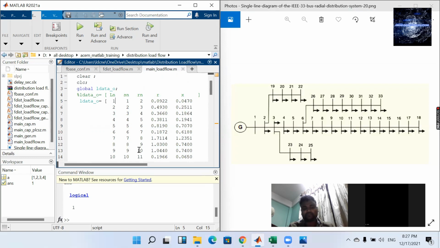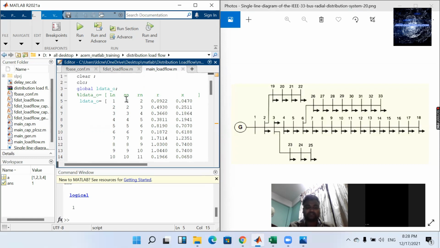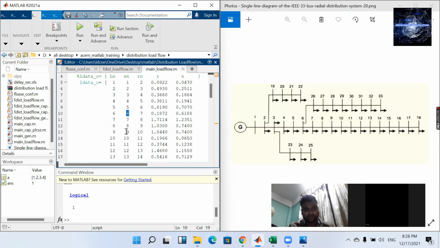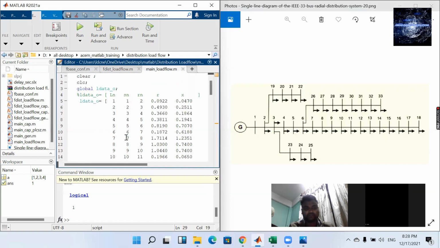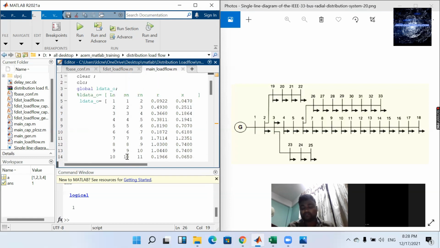But in the sending end node there can be repetition. Here we can see 6, and also here is 6, so 6 is repeated. Likewise, 2 and 3 are also repeated. So the sending end node is not unique.